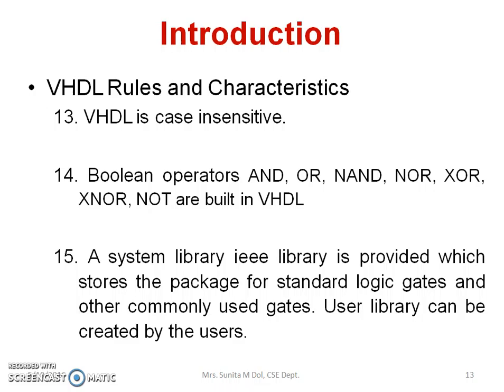Boolean operators AND, OR, NAND, NOR, XOR, NOR, NOT are the built-in VHDL. A system library, IEEE library, is provided which store the package for the standard logic gates and other commonly used gates. User library can also be created.